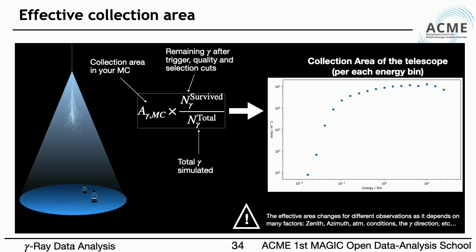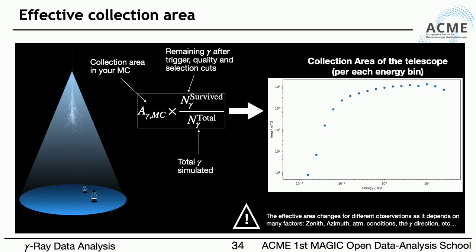Here on the right, for the same observational run that I have used before for producing the excess counts in energy bins, you can see the evolution of the collection area. There are a few things that we can observe from this plot. At low energy, close to the threshold, so around 50 to 100 gigaelectron volts for MAGIC, the effective area is very small.